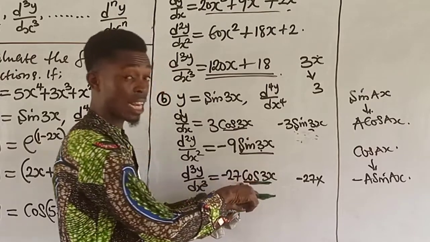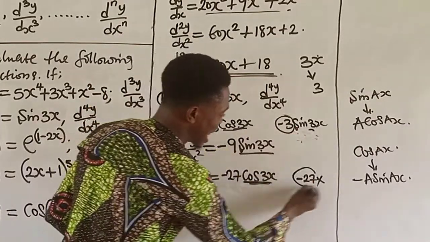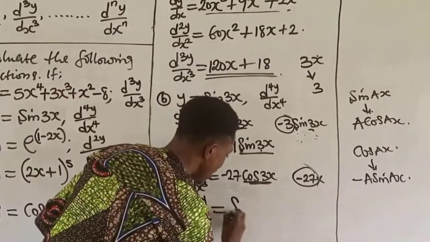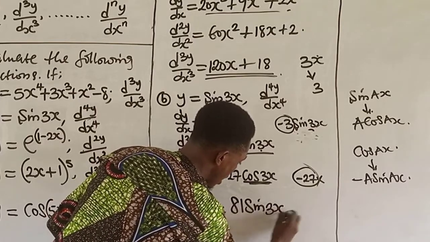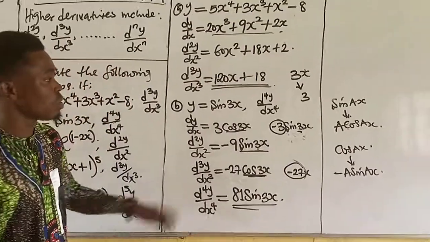When you differentiate cos, you have negative sine. So now, when we multiply negative 3 by negative 27, we will have positive 81. Then sine 3x. This is the answer to this question.